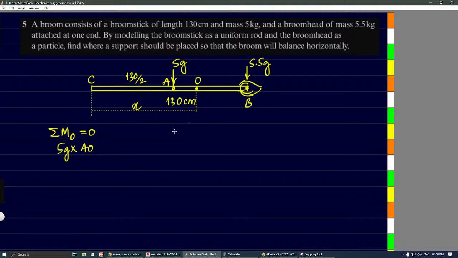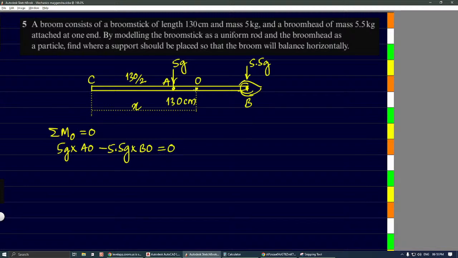Then this force 5.5g is at this distance, that is OB or BO distance, and this one is rotating in clockwise direction, so it should be negative. This total should be equal to 0.